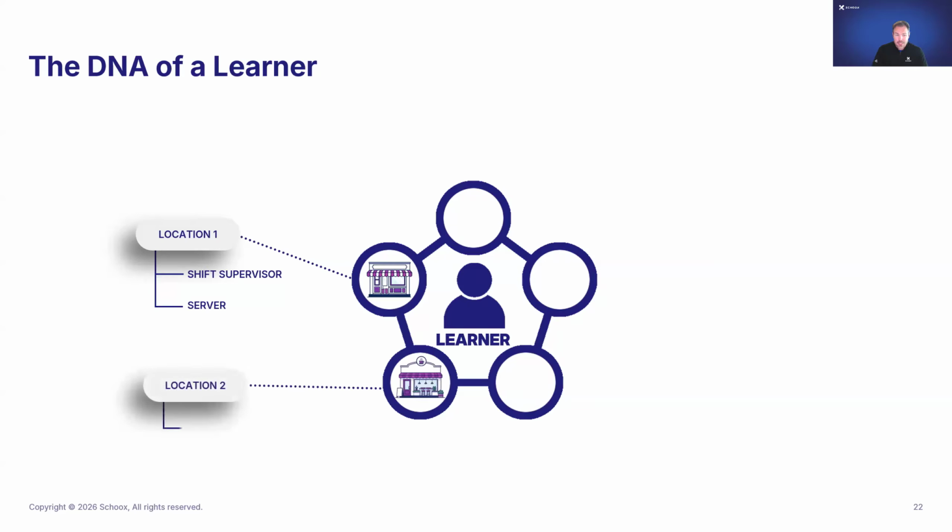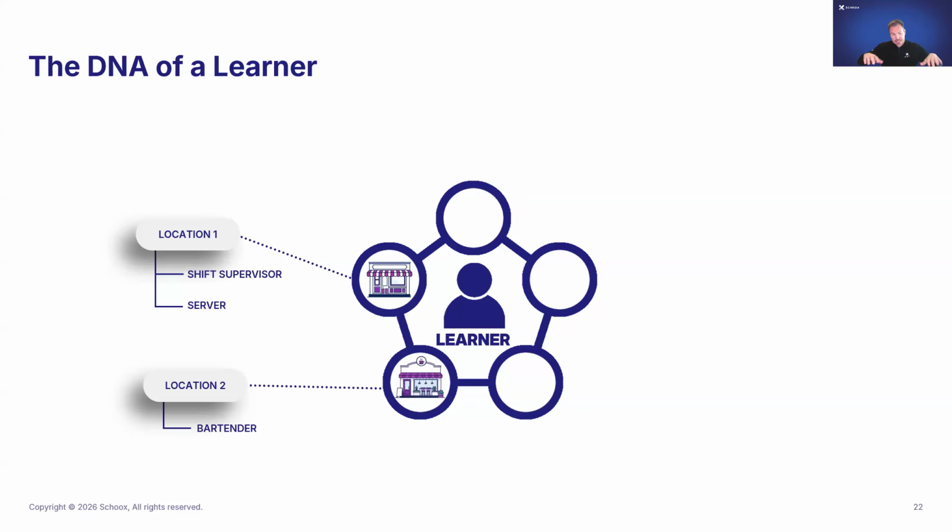They may also be in a second brand. They could be a bartender here, and that training is completely separate. And if it doesn't cross over, my manager at location 1 shouldn't see what I'm doing at location 2 because it doesn't pertain to them, unless it's a general training, compliance, alcohol certification, something that is not unique. That's something that needs to go across all.